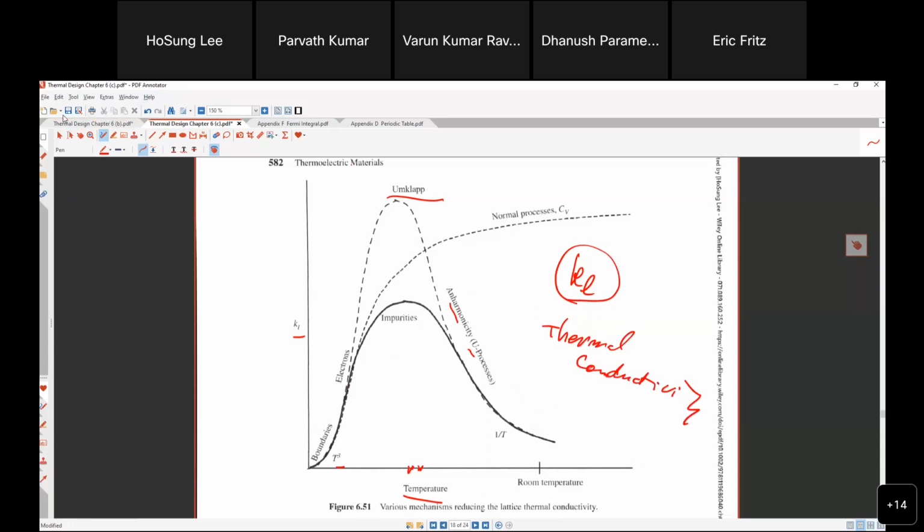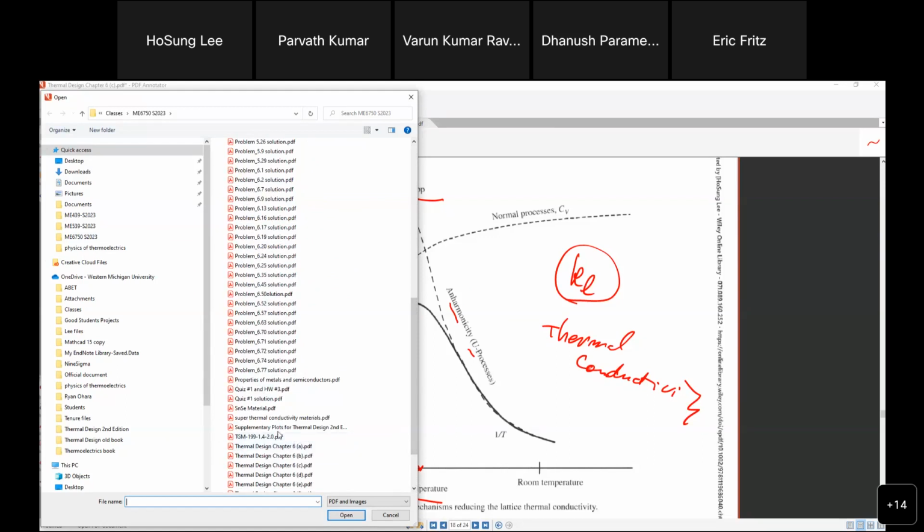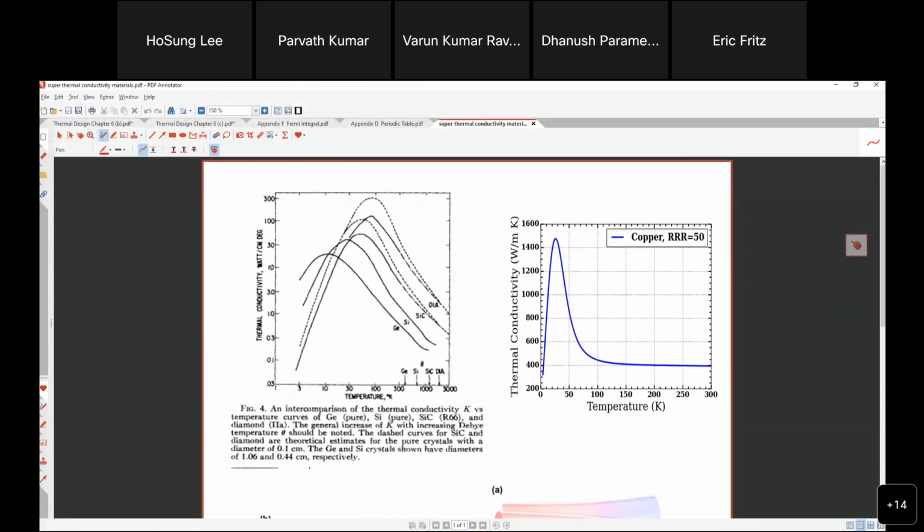I'd like to show you some example. I think I have posted super thermal conductivity.